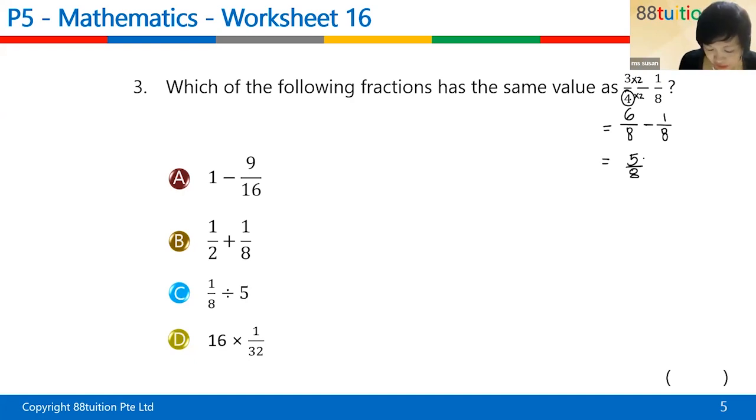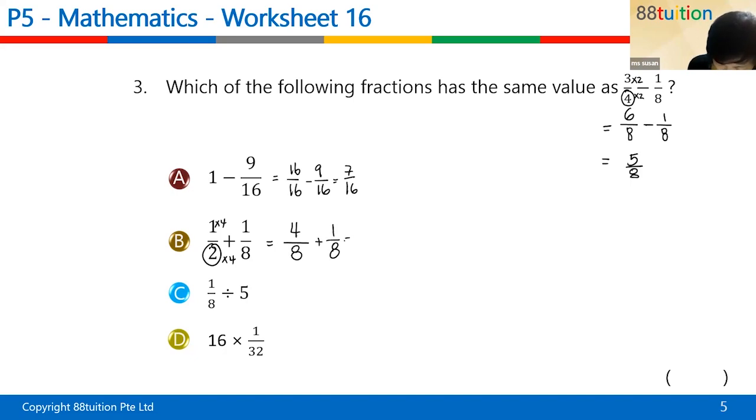You must have 5/8 here. We must go and look for 5/8. So you have to work out. The first one is 1 whole, minus 9. So answer 1 is out. Number 2, you change this to 4, times 4. You change this times 4. Aha, you have 5/8.